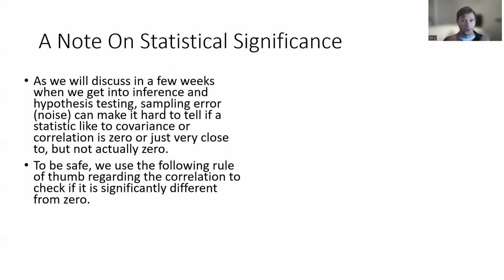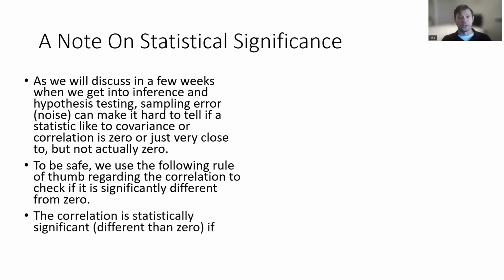Remember the spectrum earlier, I kind of threw up the values of 1/2, positive and minus as reference values, but the actual threshold is more consistent with what I'm about to show you here. And the correlation is only going to be statistically significant if its magnitude, its absolute value, is greater than 2 divided by the square root of the number of observations. This is an approximation, but it's a pretty easy ad hoc rule to apply here.